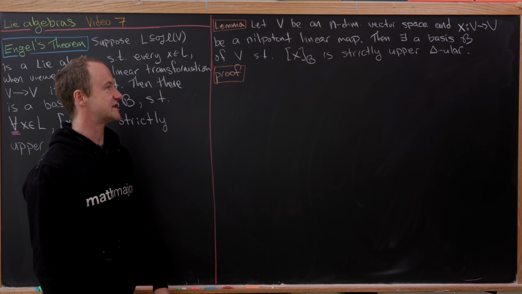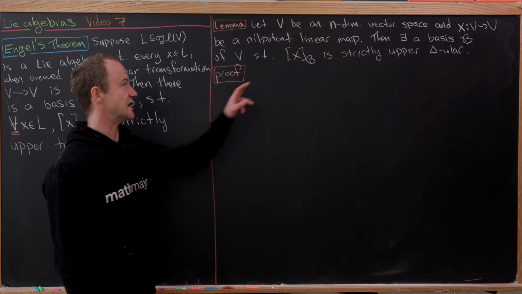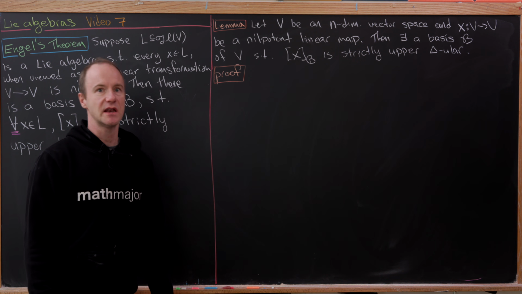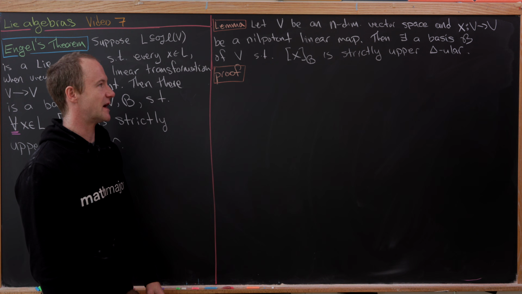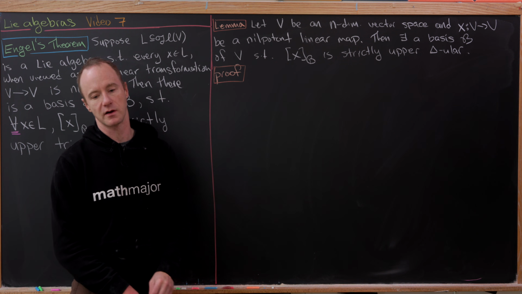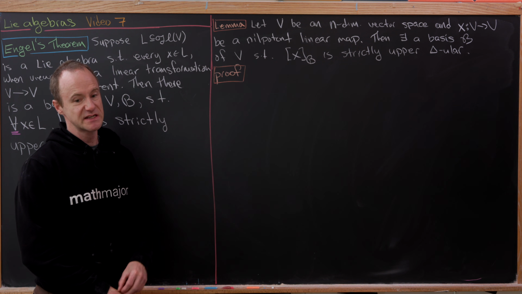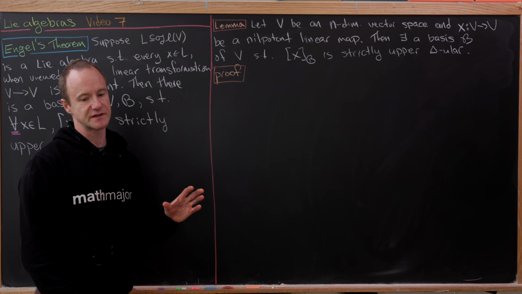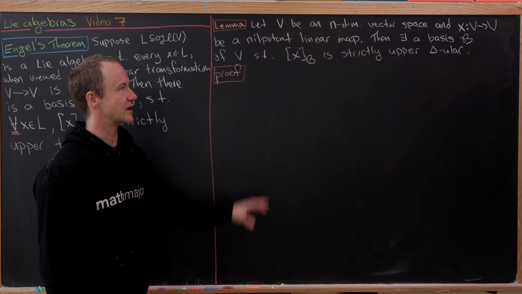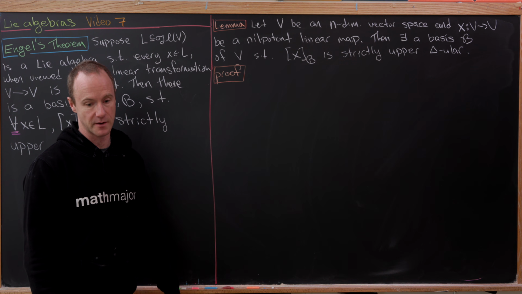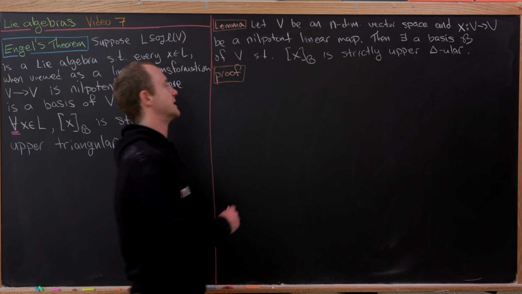Then there exists a basis B of V such that in that basis, X is represented by a strictly upper triangular matrix. So this is for a single linear transformation, not for a Lie algebra of linear transformations like this over here. So this is much, much weaker. Okay, so let's get to it.